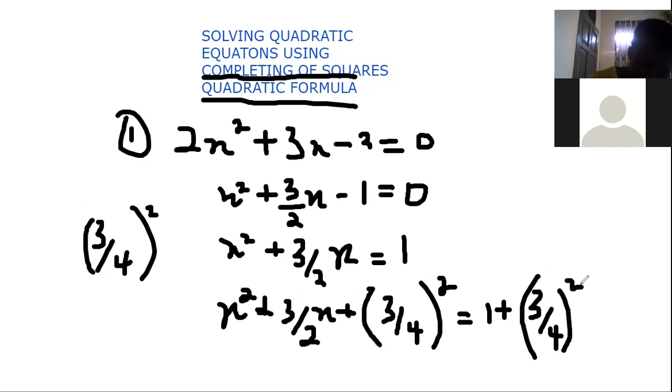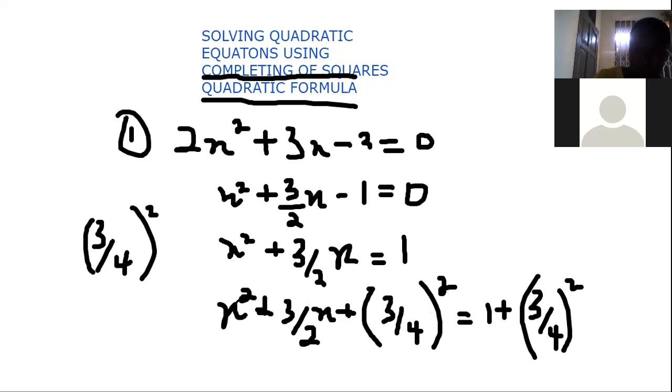Have you seen it? Yes. So when you get here, bear with me that x plus 3 all over 4 in brackets all squared is the same as x squared plus 3 all over 2 x plus 3 all over 4 squared. It's the same thing.